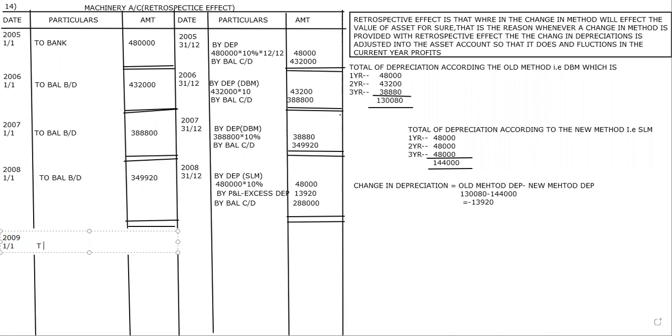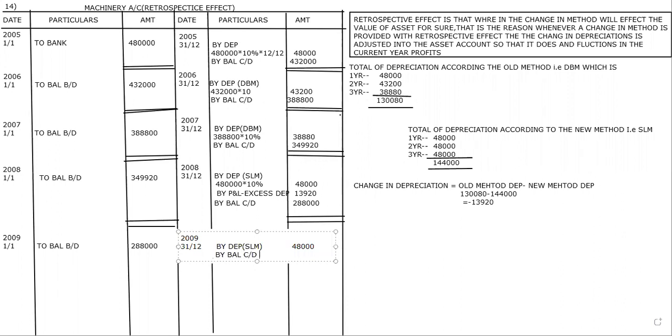So when the method changes, again the question is the same: is it retrospective or what? If it is retrospective, then what we have done, we have to do like that. So what is the value? 2,88,000. Now we have changed the method, so directly I'll go with calculating depreciation. By depreciation, 48,000. From here onwards it is the SLM method only. So balance will be how much? 2,40,000.